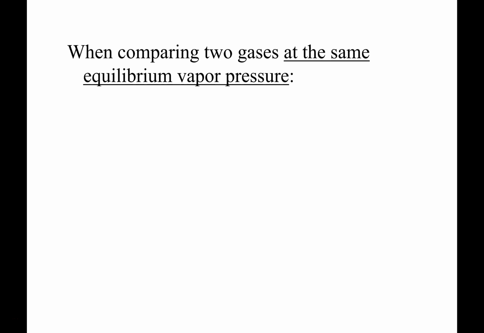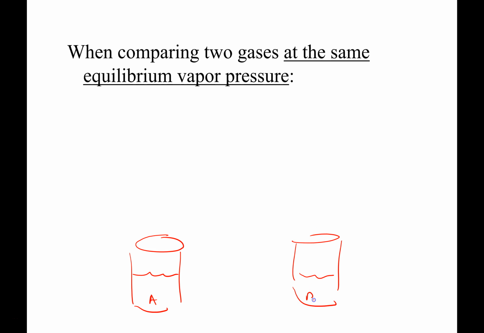Okay, so let's look at another scenario. Again, A and B. We'll make A more volatile and B less volatile. I'm going to put watch glasses over them. There's liquid down here. Now this one's a little bit different. We'll put gas particles. Notice that I'm going to let them come to the same equilibrium vapor pressure.